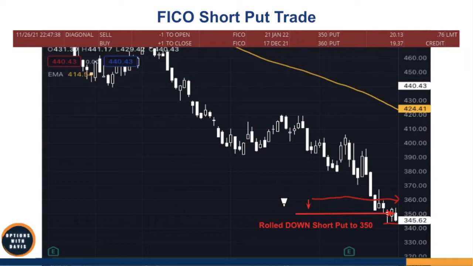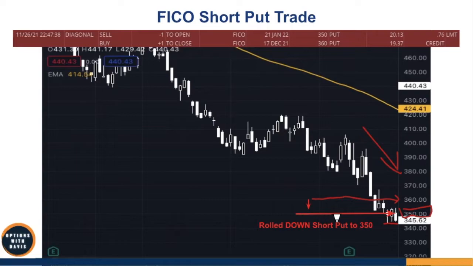So I thought to myself, I think I want to try and roll out and down to try and get a better price, right? Because at that point of time, it seems like there's a lot of relentless selling. And I just figured that if the market was to continue to go down, I wouldn't mind a 350. I mean, 360 was good, but if I could get 350 filled, I wouldn't mind that as well.